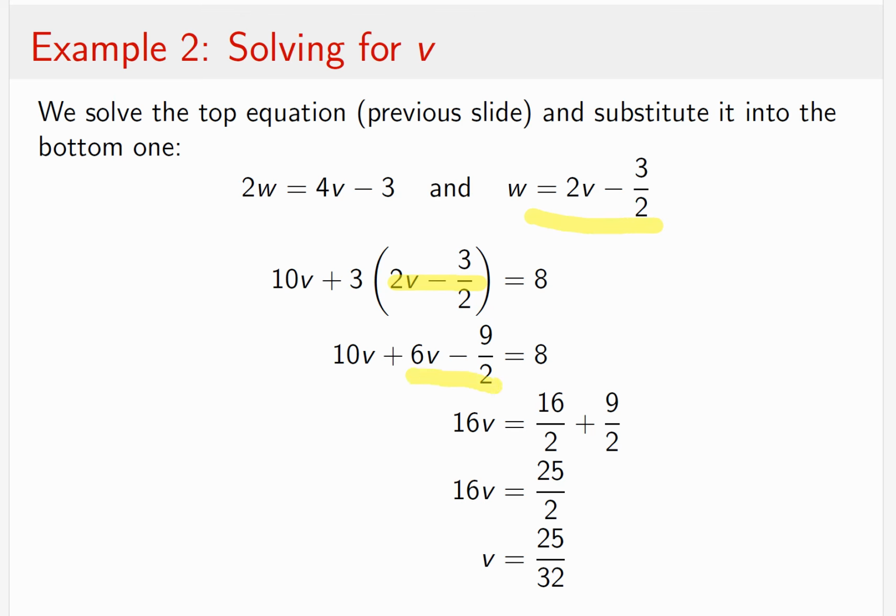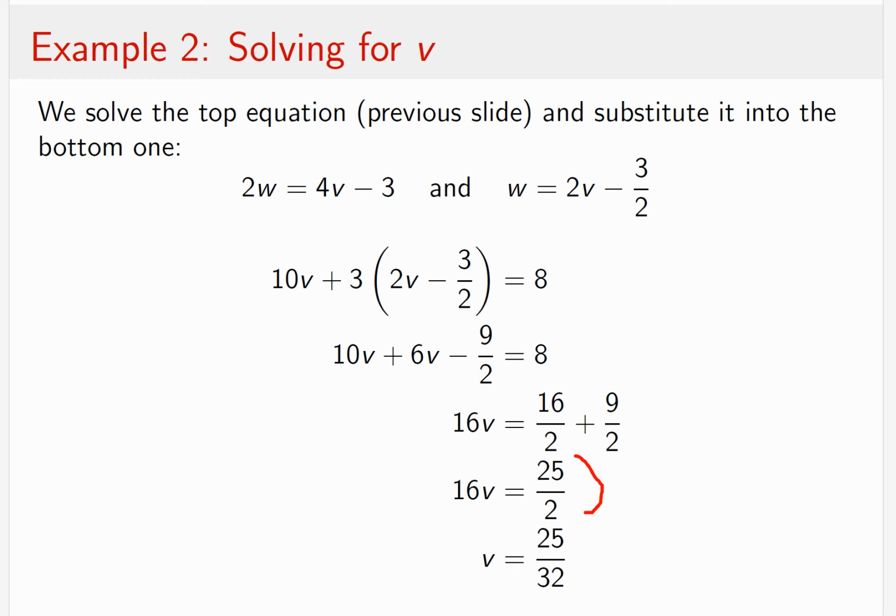Okay, so we substitute in the 10v plus 3w equals 8, so we substitute in for w, and we distribute, and then we're going to take this negative 4.5 and add it to both sides. So we're adding a plus 9 halves to both sides. Okay, and 16 halves plus 9 halves is 25 halves.